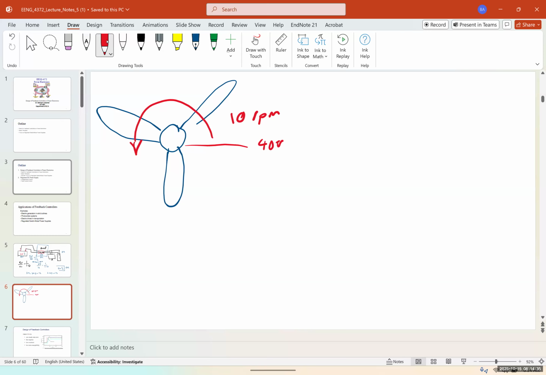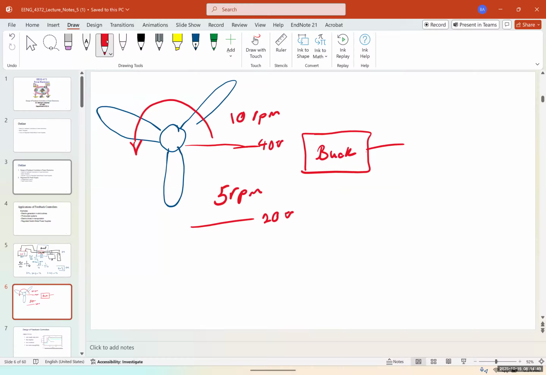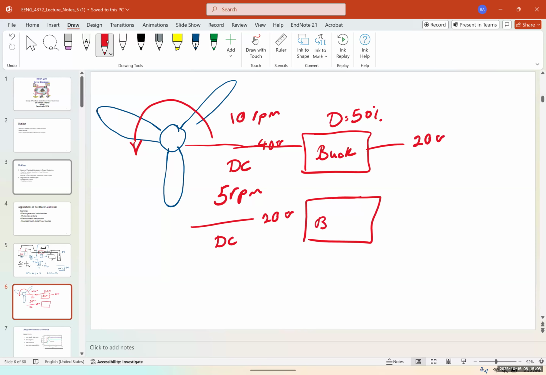But then the wind drops to 5 rounds per minute, and the voltage drops to 20 volts. And I have connected this time to a buck converter, and imagine it's a DC generator. We also have DC wind turbines as well. And that has a duty ratio of 50% again. The output voltage is 20 volts now. And when the wind drops, what happens? The voltage drops to 10 volts. Okay.